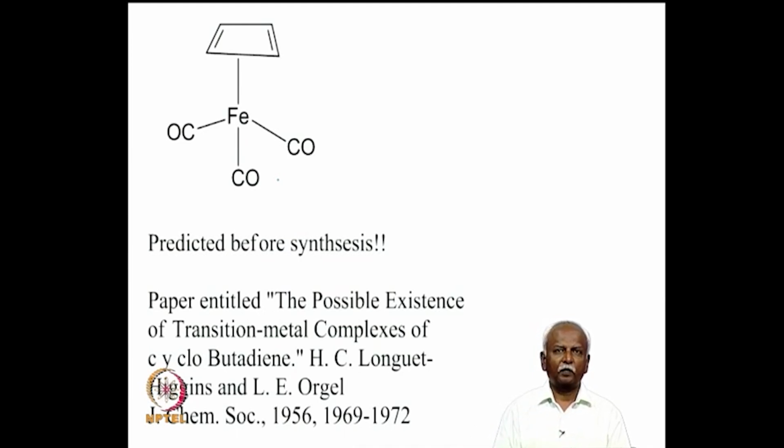The paper was published in 1956 by Orgel and Higgins, and they predicted that it is possible to have a transition metal complex with cyclobutadiene, and this complex would have a flat cyclobutadiene interacting with a metal atom.